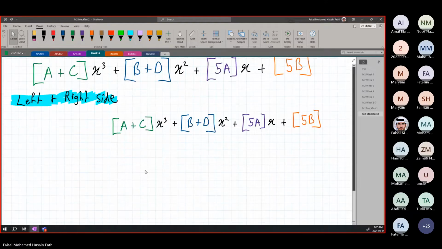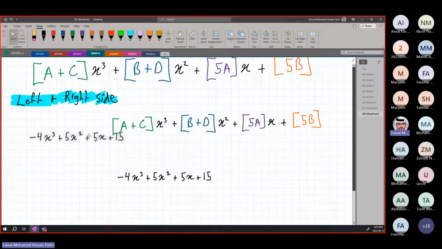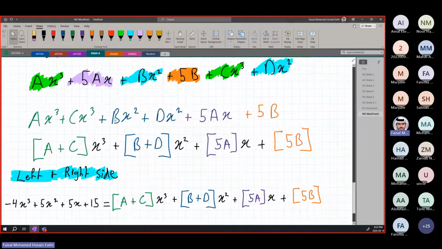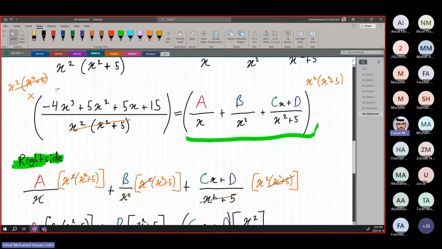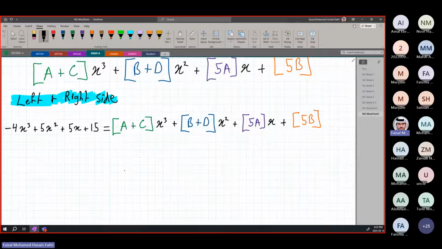Okay. This is our left side, which was just the numerator. And it's going to be equal to our right side. Okay. هني we have an equal sign, so left side is equal to right side. خلصنا من right side, now we're looking at both the left and the right.